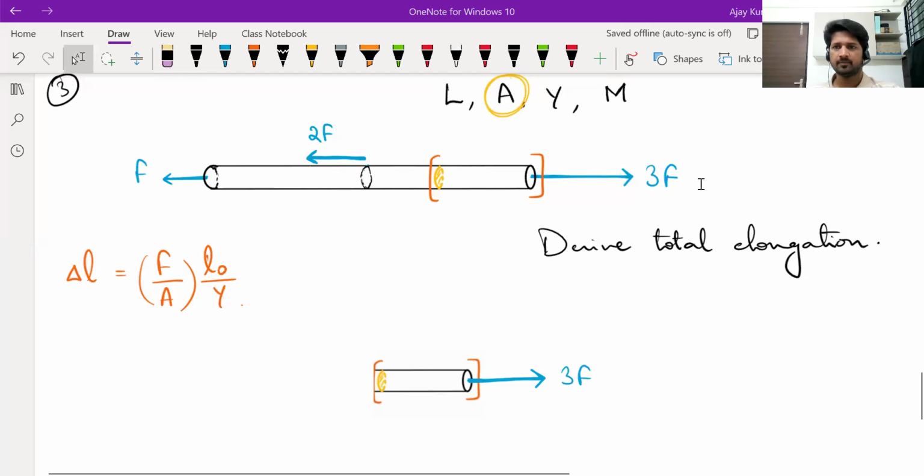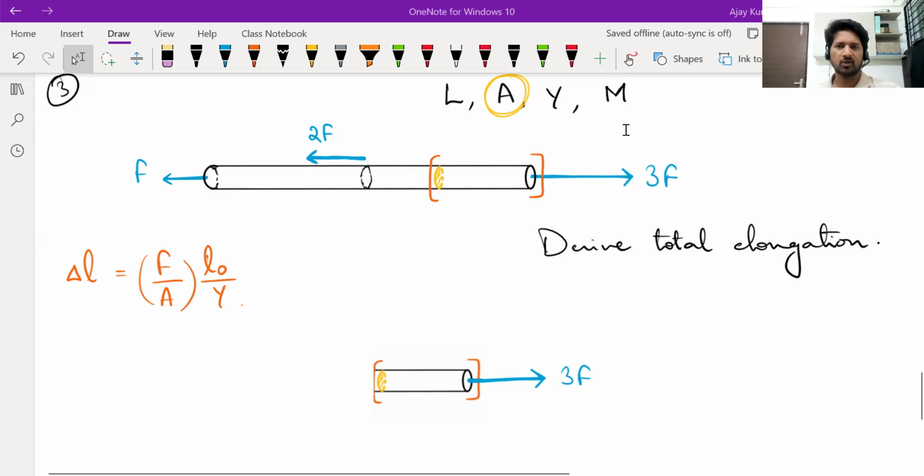Rishi, no response. Aishwarya, anyone? Yeah, what other forces can act?